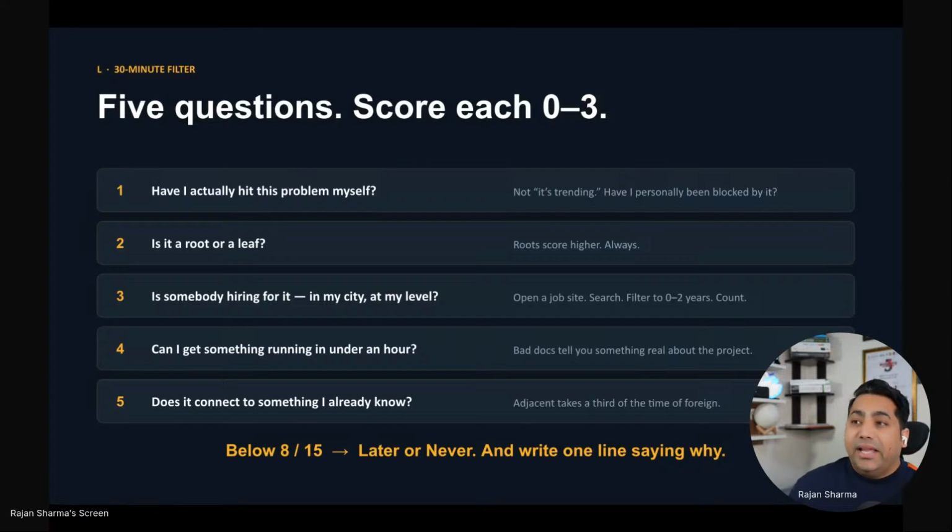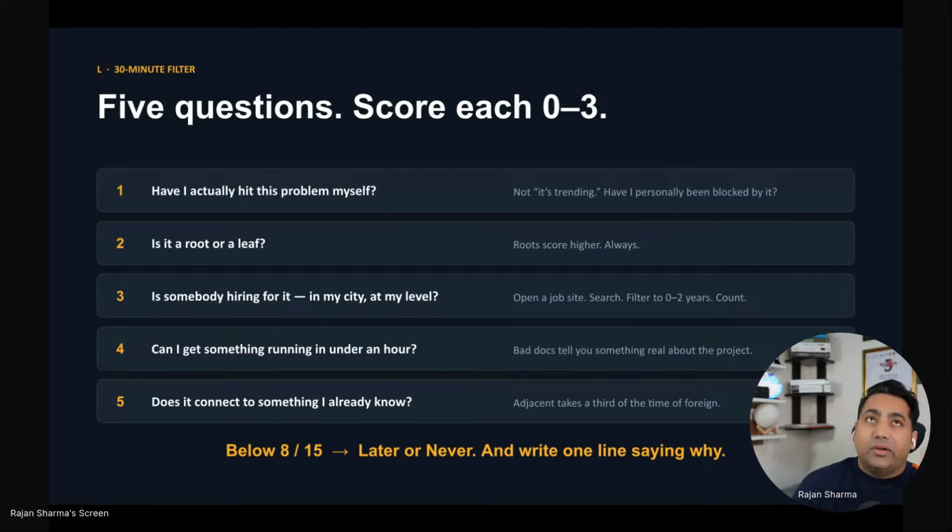Three is, is anyone hiring for it? This particular point is not just for now, it will also help you learn why something is important in your career.